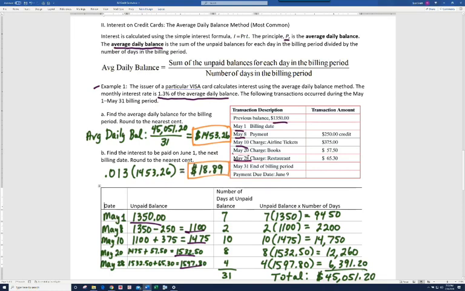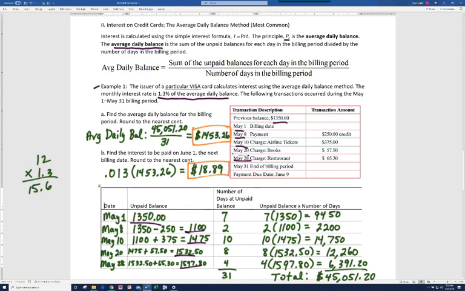So you'll get $18.89. Now again, I would just remind you that if you multiply 1.3 by 12, this credit card actually has an interest rate of 15.6%, but we're paying 1 month's interest, which is actually 1.3%. And so our interest that we're being charged for this month is $18.89.